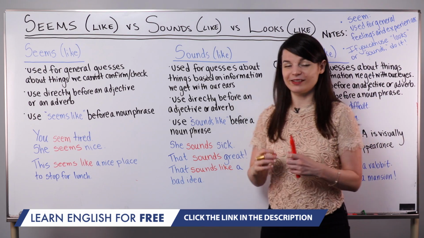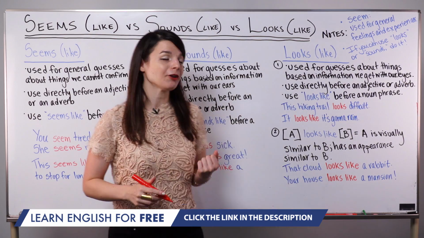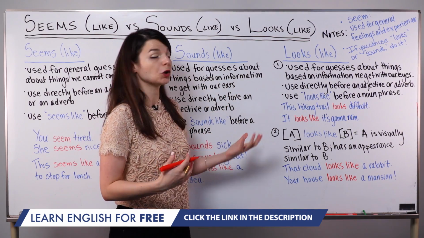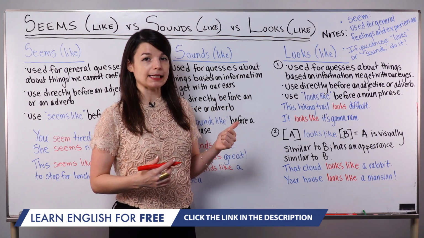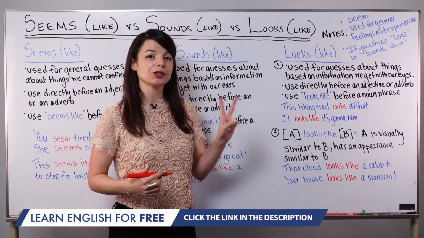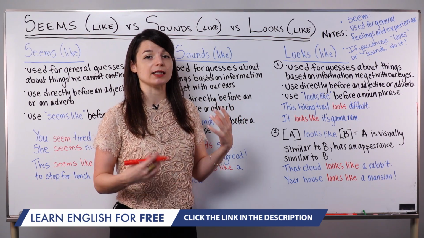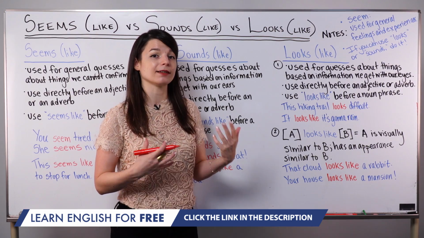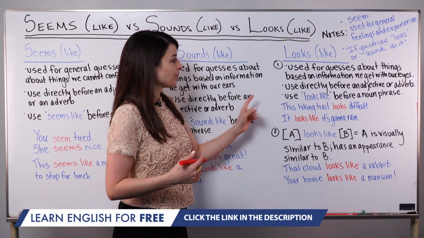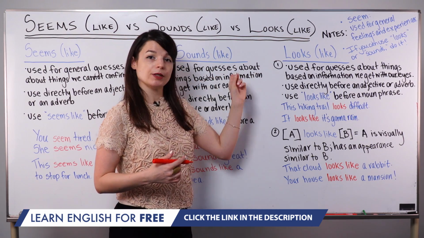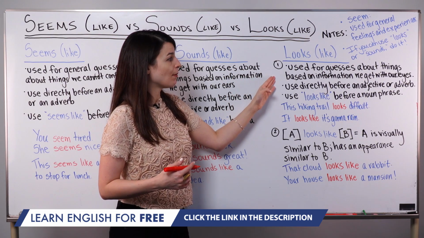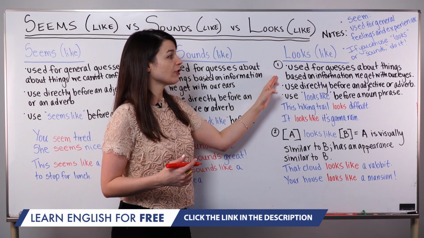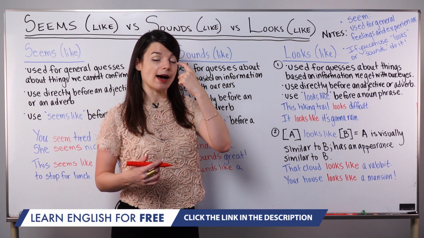Okay, so with this in mind, let's go to the last word for this lesson, looks, or looks like. Looks like is a little different from seems and sounds because there are two different ways that we use the look pattern or the looks like pattern. First, in the same way as we use the other two words, we can use looks for guesses about things based on information we get with our eyes.